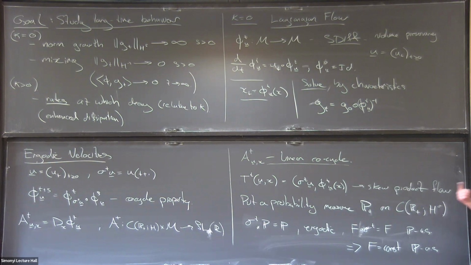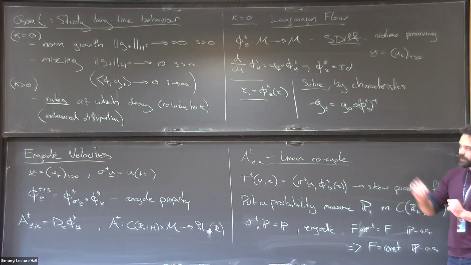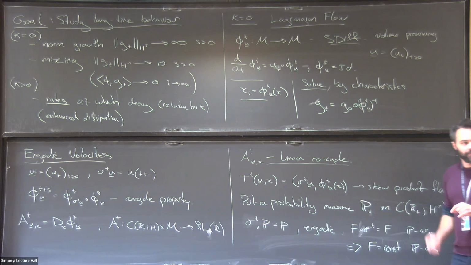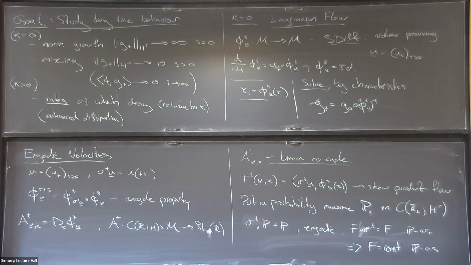You can also do this for periodic motions and things like that. It's not terribly hard to do. And in that case, some of the tools I'm going to mention, particularly the multiplicative ergodic theorem, do apply. However, if you want to say a little bit more, particularly something about the positive Lyapunov exponent, there's not enough there. At least, there might be, but I don't know how to do it.